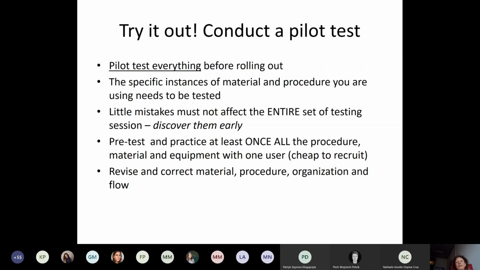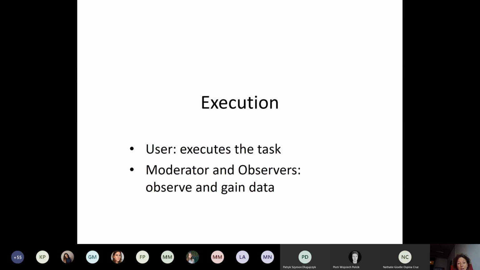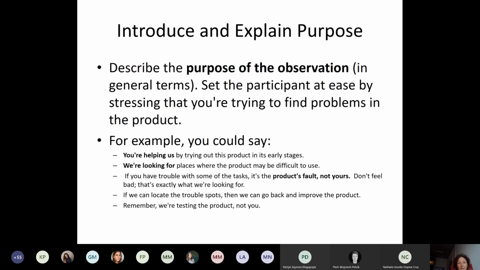It's important for efficiency, for the quality of your execution, that you test the test, as I mentioned before. So you try from the beginning to the end to make a rehearsal of your performance, and your performance is the user test. Then what happens with the user? The user does the task, and the moderator and the observer collect data.